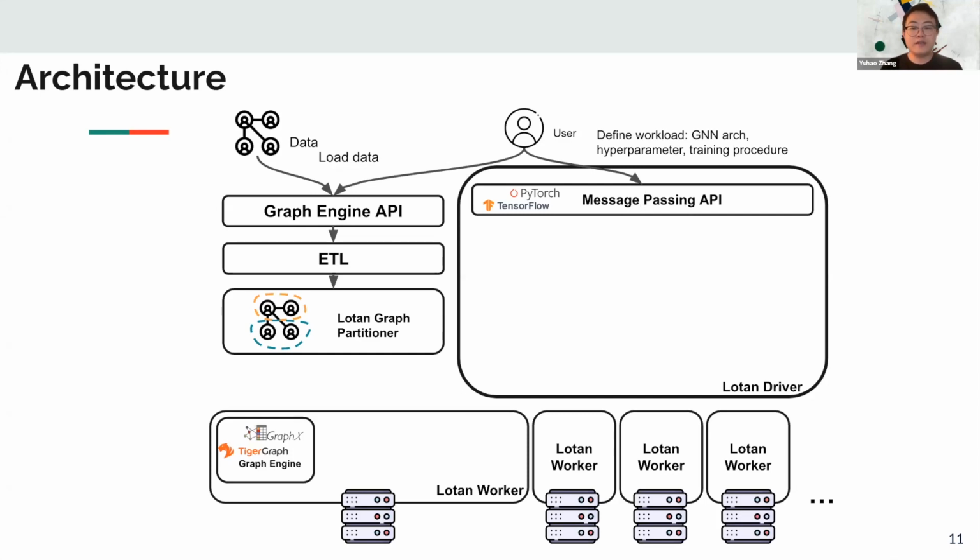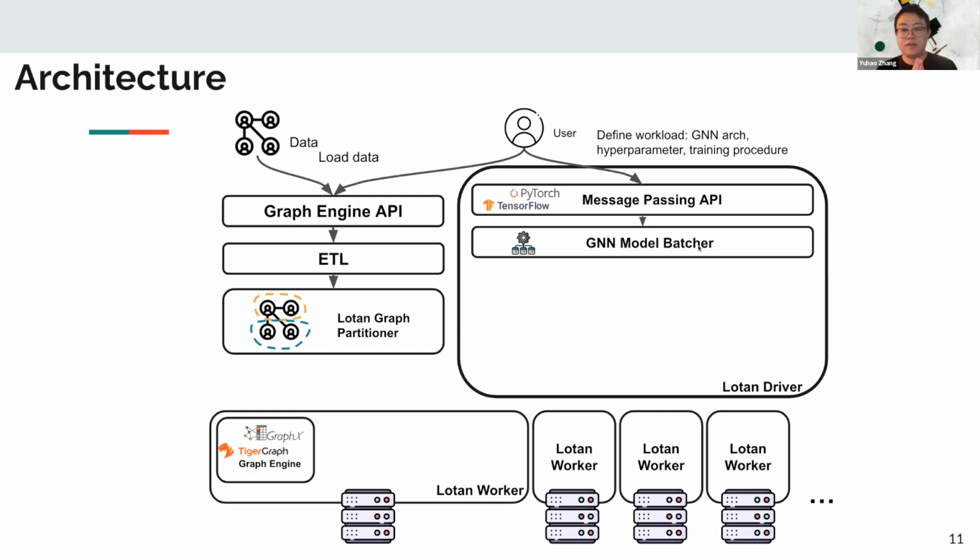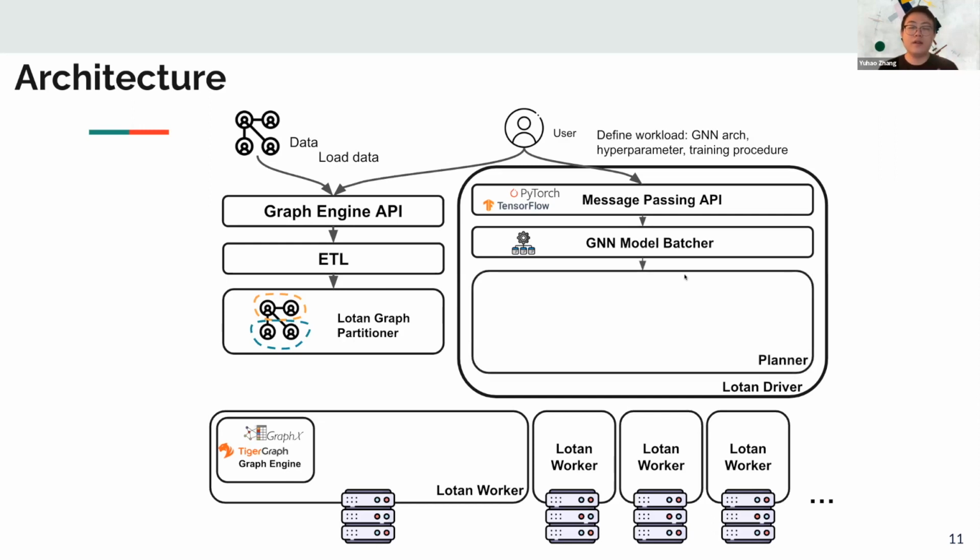Here is another system technique called GNN model batching, which batches multiple models together to amortize the cost. And at the heart of LOTEN, we have a planner component that figures out the global computational graph and the optimizations. It turns out we can do some database style plan optimization and rewrites.